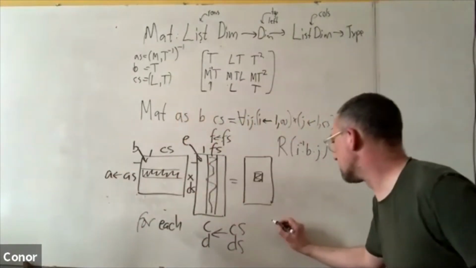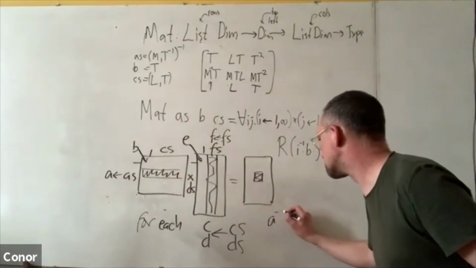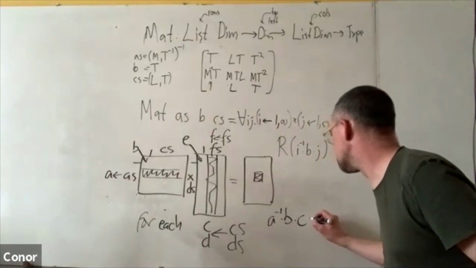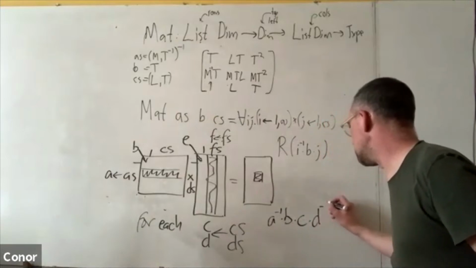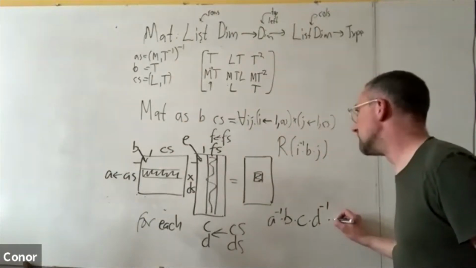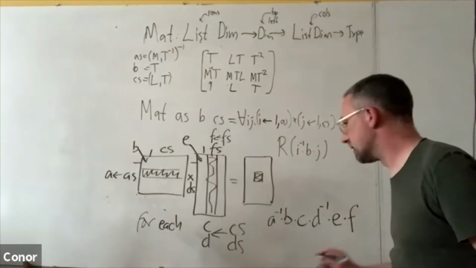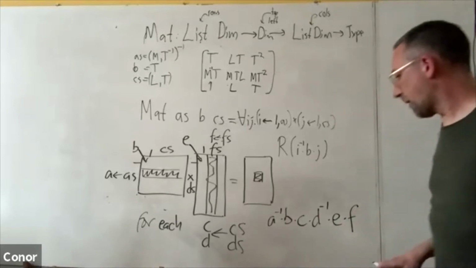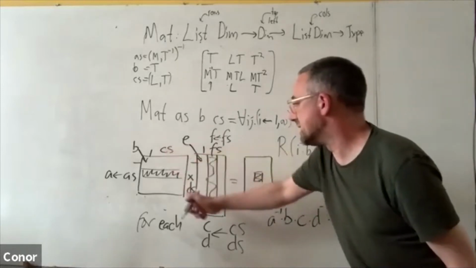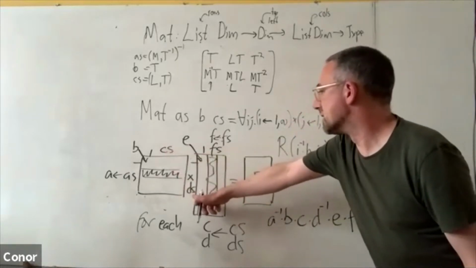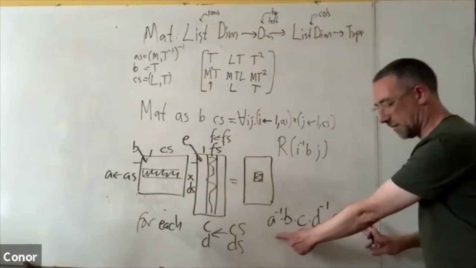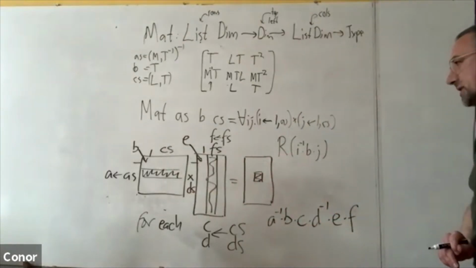I'm going to get something which lives in A inverse times B times C times D inverse times E times F. That's going to be when I'm picking a C from the C's and a D from the D's and multiplying.